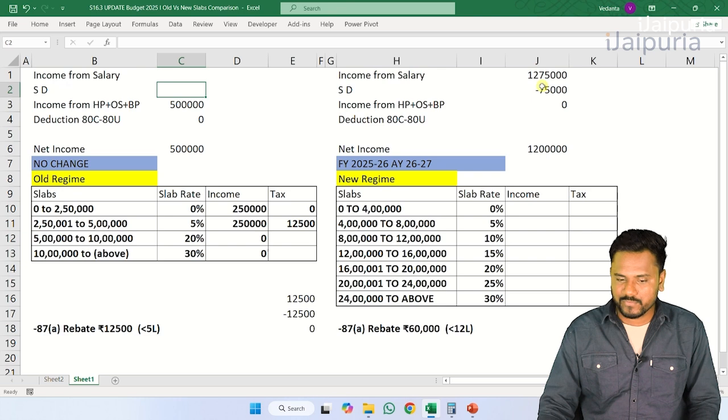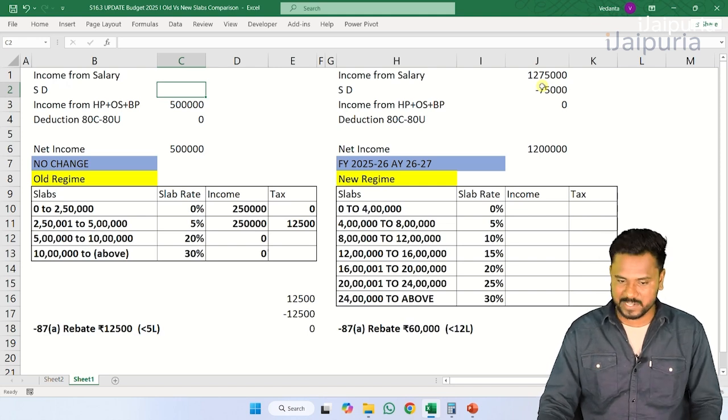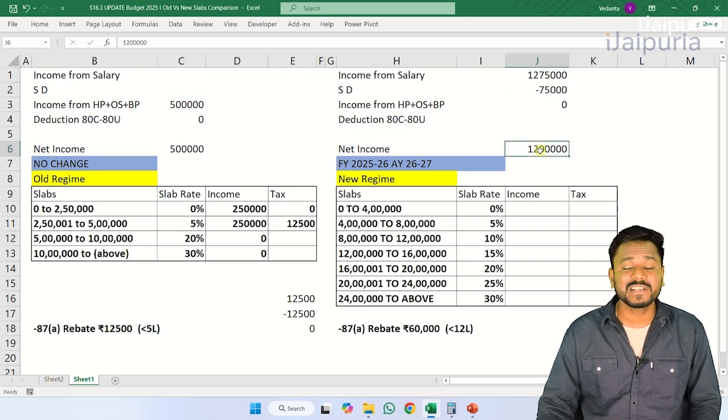And we come to the new regime. In this new regime, for a salaried person up to 12,75,000, no taxes. How? We'll check it. 12,75,000 minus the standard deduction of 75,000, so the balance income is 12 lakhs.